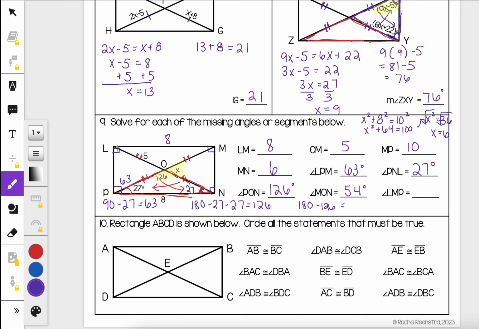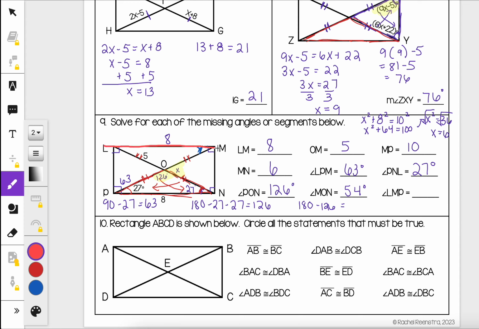And finally, angle LMP. All right, so I'm going to do this in blue here. I'm going to call that Y. This angle that I'm trying to find here has to be 27 degrees. All right, remember this is a rectangle and the opposite sides are parallel. So if I look, let me make this a little bit thicker and do this in a different color.